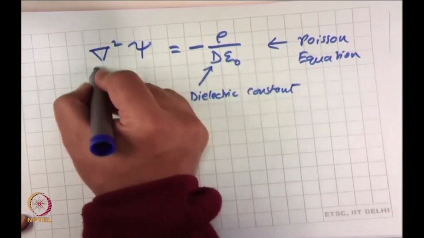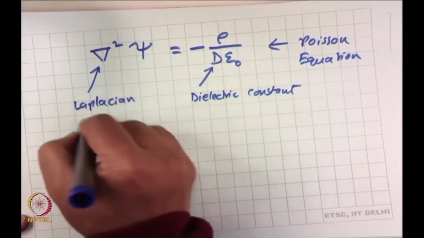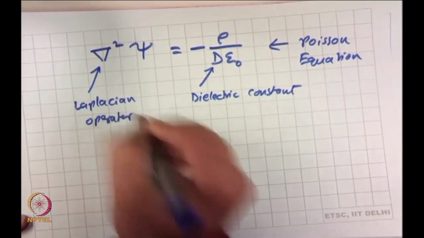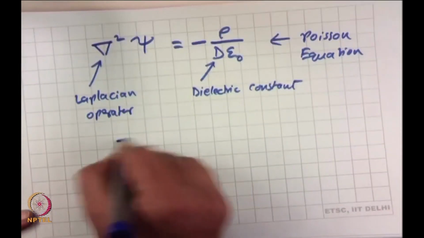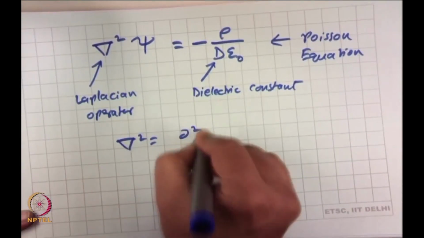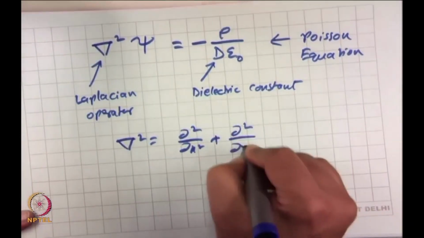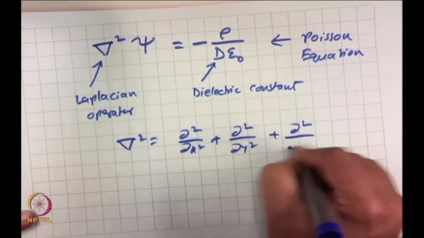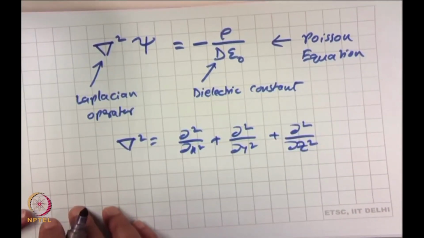It is the Laplacian operator. And del square in general terms is given by del 2 over del x squared in Cartesian coordinates, plus del 2 over del y squared plus del 2 over del z squared. That is what you know as your Laplacian.